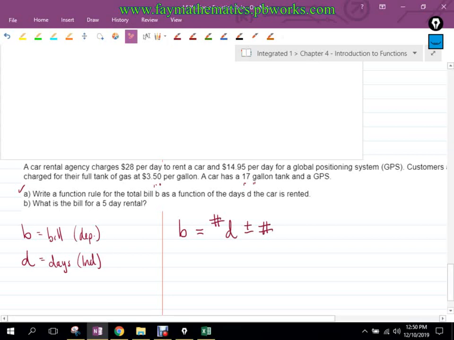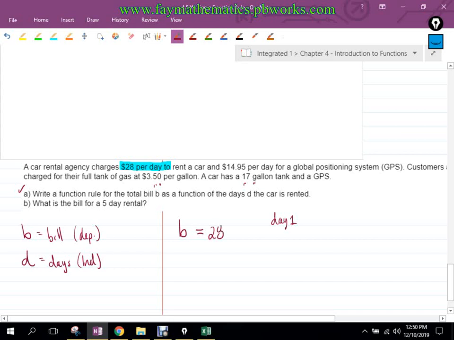Now, to get to that, we might be a little more detailed. If I go statement by statement, it says I'm going to pay $28 per day to rent the car, right? So if I go day 1, it's going to be $28.